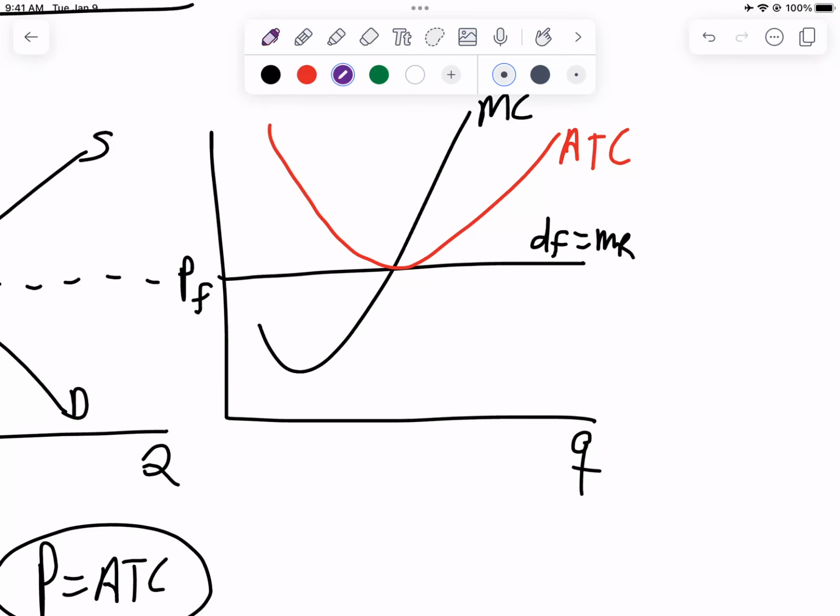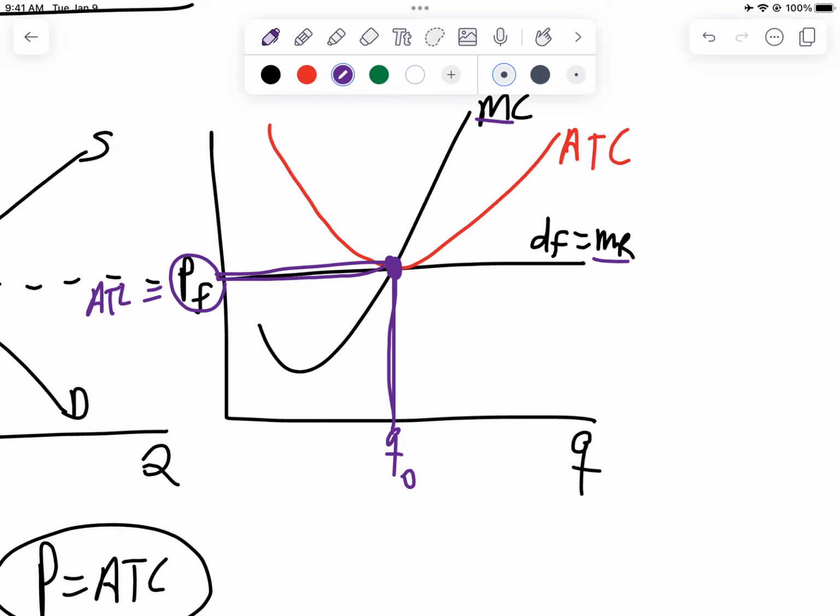Because what's happening here is you need to do MR equals MC, which happens right here. You need to find the quantity. And then you need to find the price, which is PF, and then you go up to find the ATC, and they are the same. So this is where you have zero economic profits.